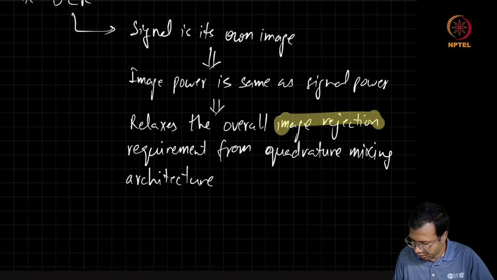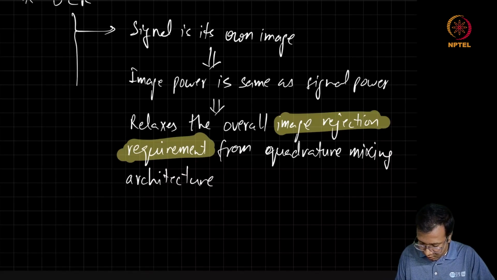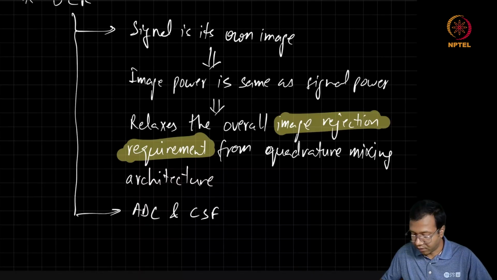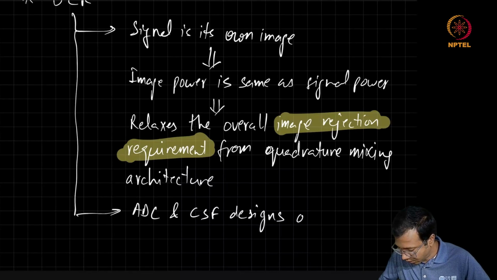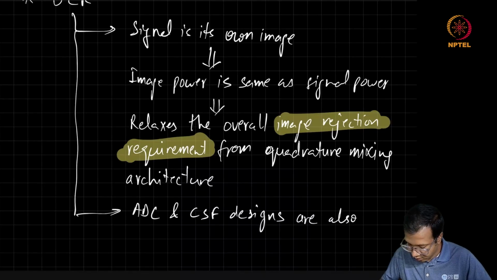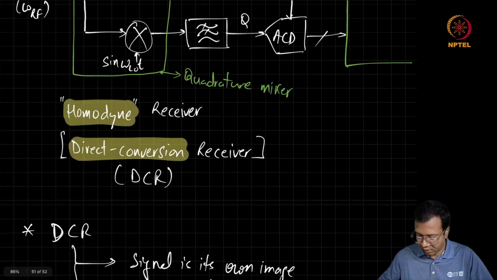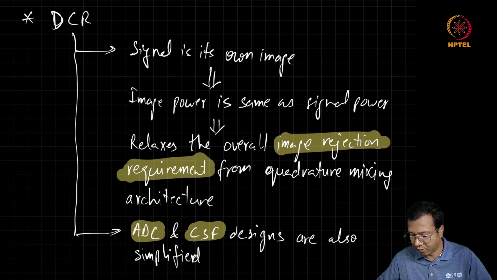This image rejection requirement is relaxed, and we can already see the ADC and channel select filter design are also simplified. This architecture is very popular, and for the rest of the course, we will just assume that we are dealing with a direct conversion receiver.